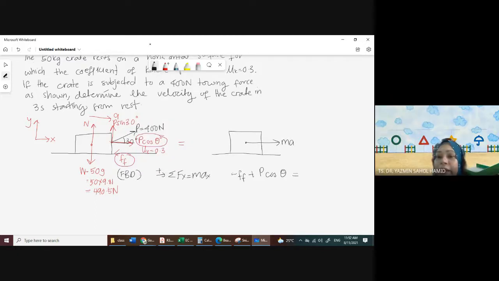Okay, m equals to m a x. So negative friction force is what? Remember, friction force is mu k N. So you can replace friction force with mu k N plus, okay, directly substitute 400 cos 30 equals to mass, how much? 50 ax. Okay, alright.